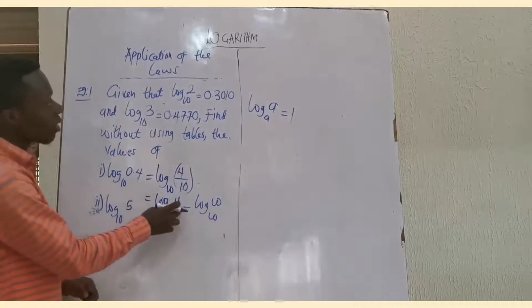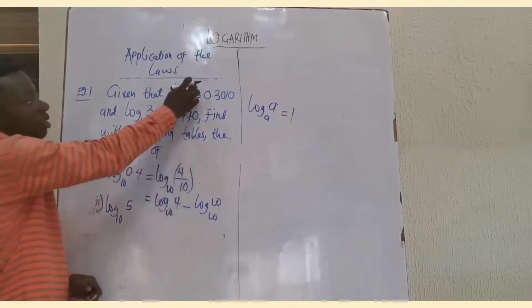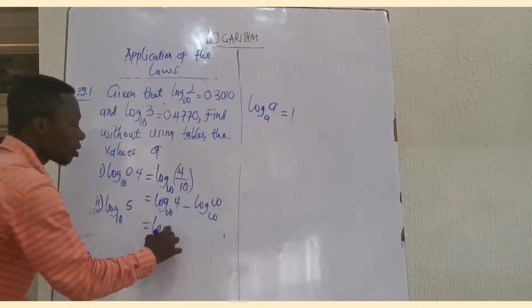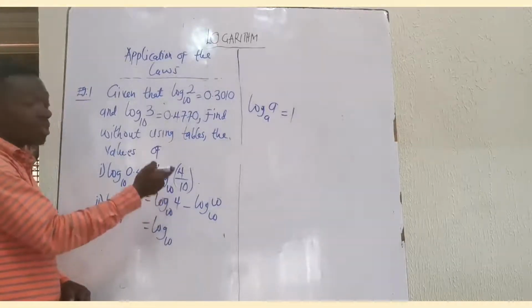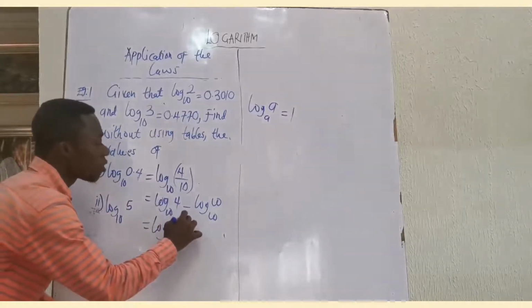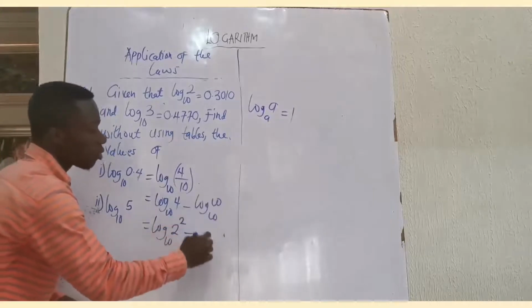But I need to break log 4 down because I have 2 here. Which law will help us break this down? It is actually the third law. I can rewrite 4 in exponent form, so it becomes 2 to the power of 2.